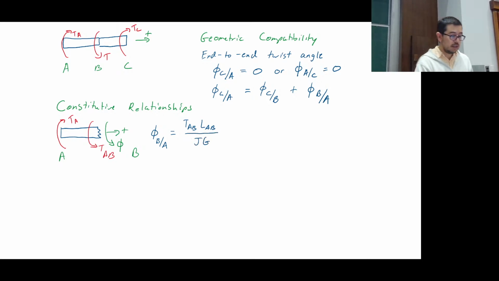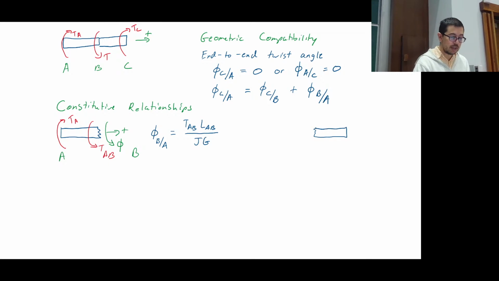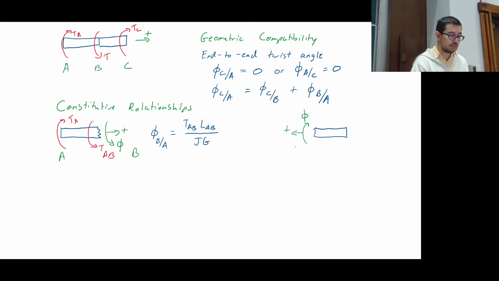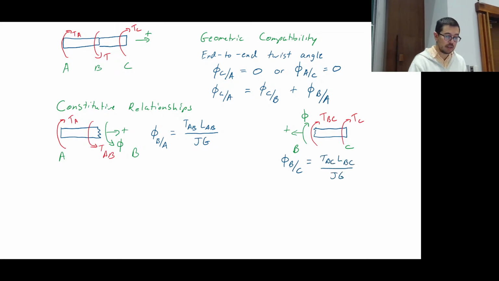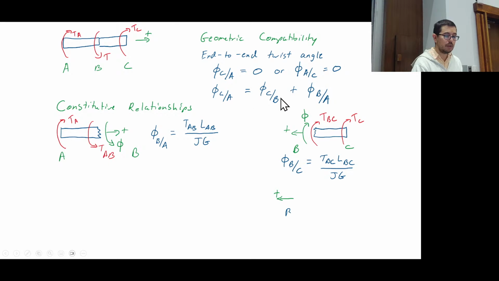Okay. And of course, this is true on the other side as well. So the angle of twist between B and C is going to be TBC, LBC over JG. And now we're seeing, oh, hey, we've got some relationships here we can use with our geometric compatibility. We had equilibrium already.